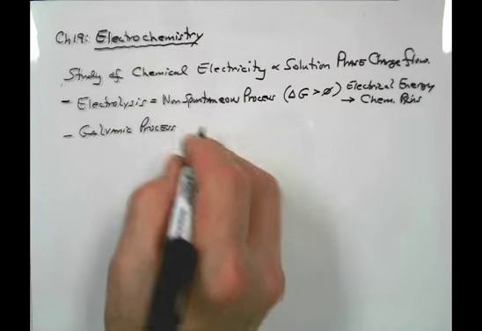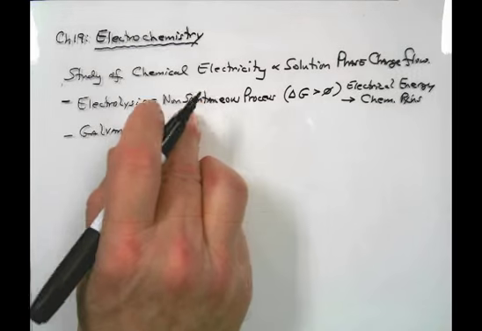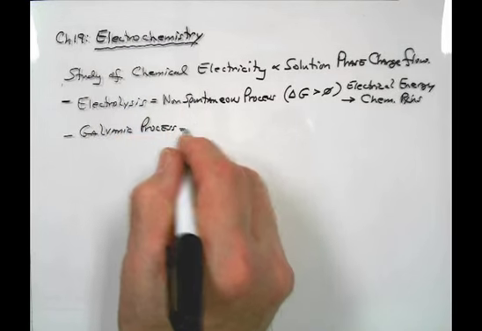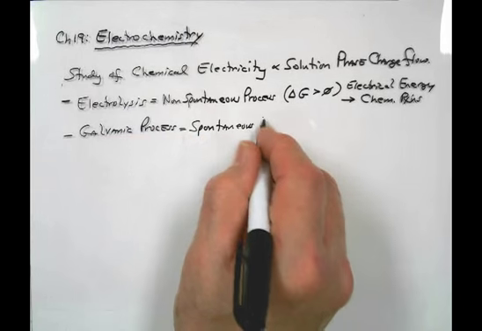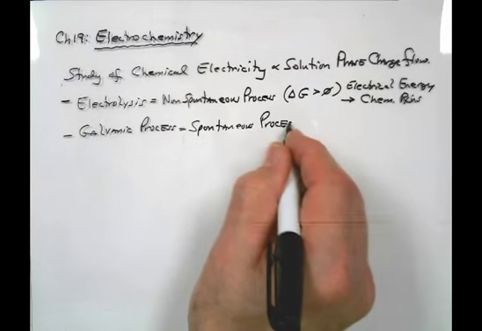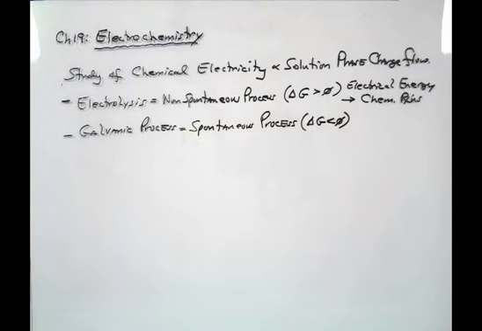Now, on the other side of this coin is the galvanic process, and that is spontaneous. With the delta G being less than 0, and these are chemical reactions that cause electric flow or flow of charge.